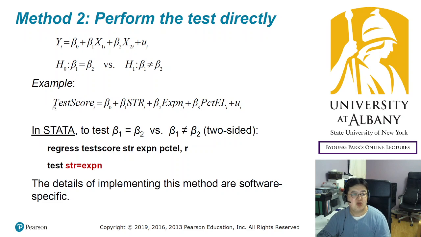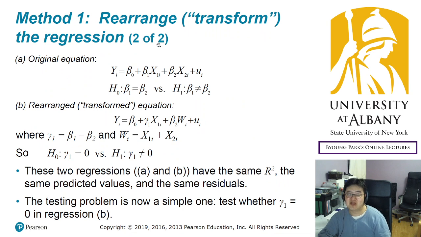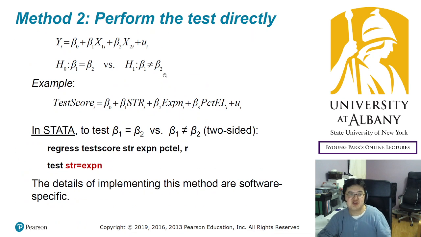Remember, we regress test score on these regressors, student to teacher ratio, expenditure per student, and percentage of English learners, with the robust option given here, and test whether the coefficient of student to teacher ratio equals the coefficient of expenditure per student. Then Stata will do the rest. So super easy. In that sense, you don't need to know the first method, but it's worth mentioning.